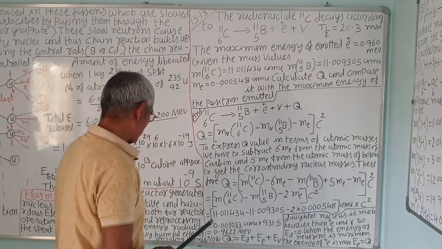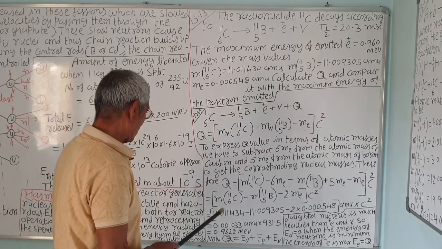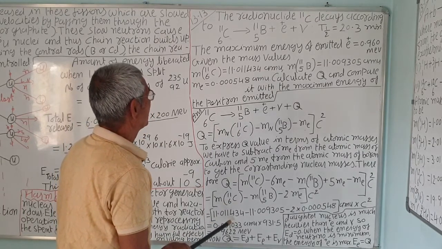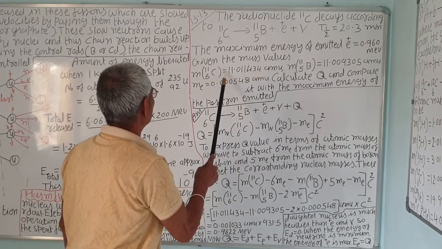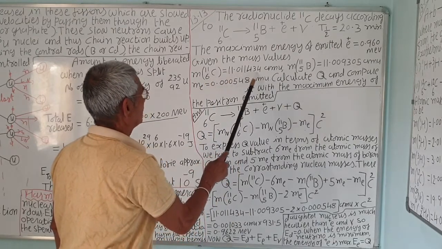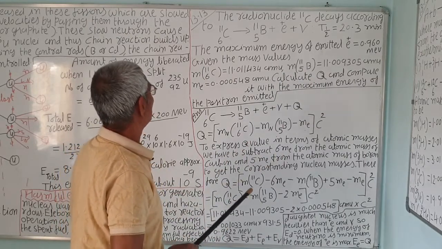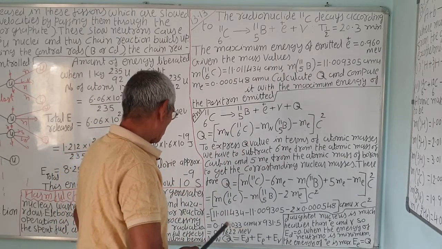The mass of carbon-6-11 is given, the mass of boron is given, and the electron mass, 0.000548, is also given in the data.